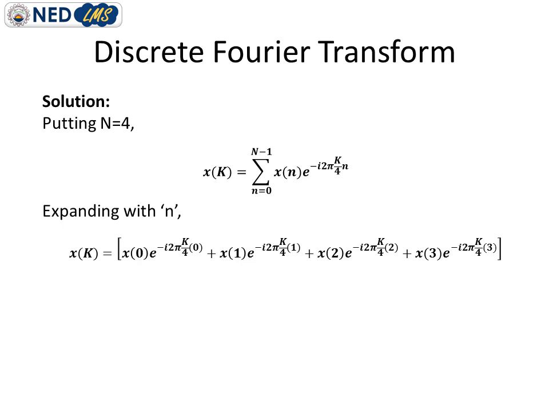So x of 0 multiplied with the basis function where small n is placed as 0, then x of 1, where 1 is replaced here, x of 2, n is replaced by 2 here also, and similarly for the third sample. So we expanded this equation.